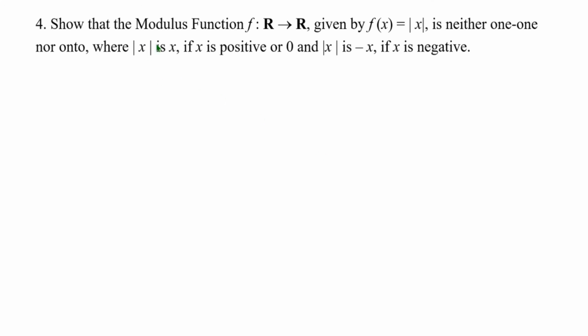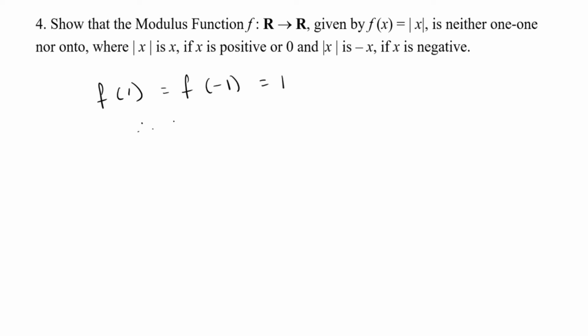Question. Show that the modulus function f from the set R of real numbers to the set R of real numbers given by f of x equal to mod x is neither one to one nor onto, where mod x is x if x is positive or 0 and mod x is minus x if x is negative. You are familiar with this modulus function. So here, it is not one to one because f of 1 is equal to 1 and f of minus 1 is also equal to 1.